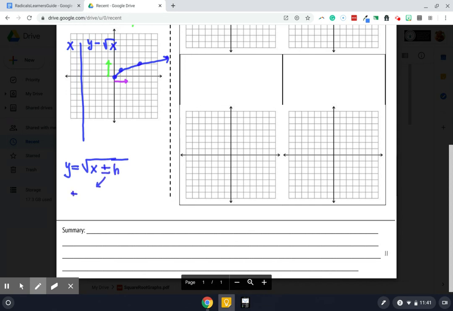If I add h, that means my graph's going to move to the left, because x lies. If I subtract h, I'm going to move to the right, because x lies. I also can do something outside of the square root using the letter k. If I add k, I go up. If I subtract k, I go down.